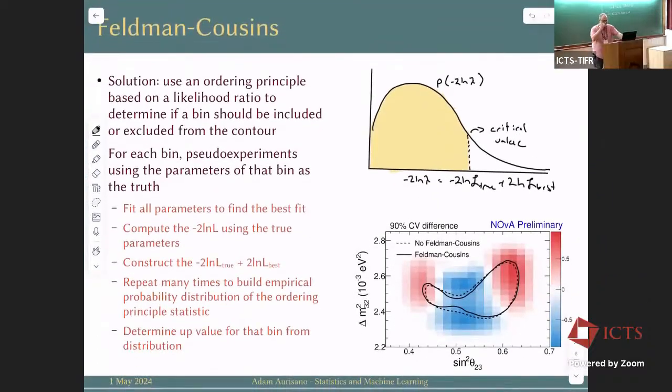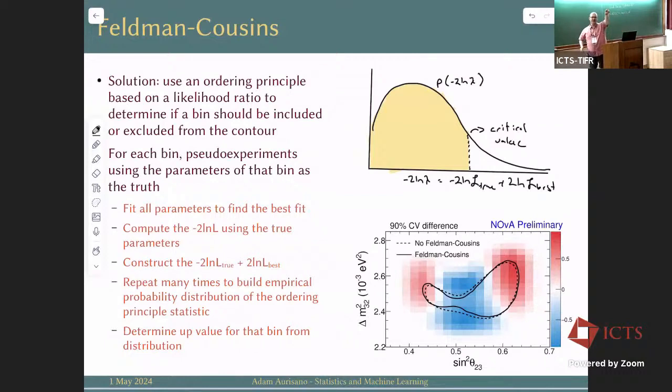So the basic idea is to use an ordering principle, right? So like I said, there's ambiguity about which part of the probability distribution you select. So this idea is you have an ordering principle which tells you which things go inside your interval. And the idea is that you basically make a difference in -2 log likelihoods. Let me put it this way. You basically make a surface.